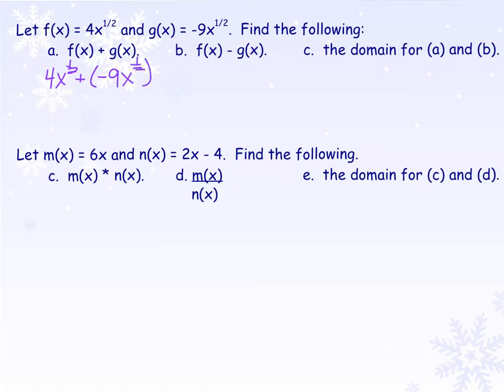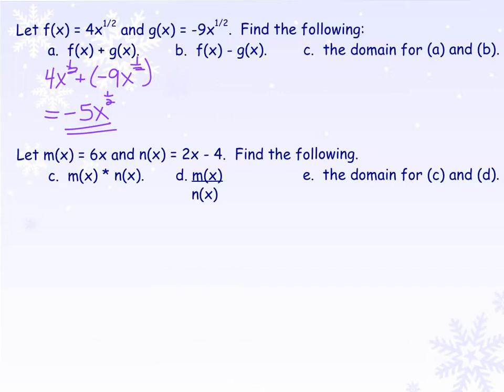And we in fact do. The x's have the same exponent. That means we can simply combine the coefficients out in front. 4x to the 1/2 plus negative 9x to the 1/2 would result in negative 5 as your coefficient, x to the 1/2. Notice we're adding the coefficients. We're not changing the value of the exponents.